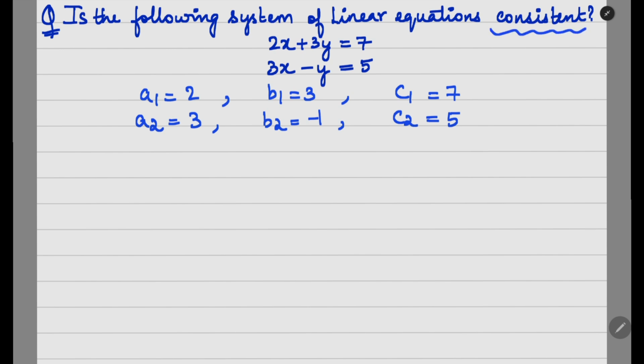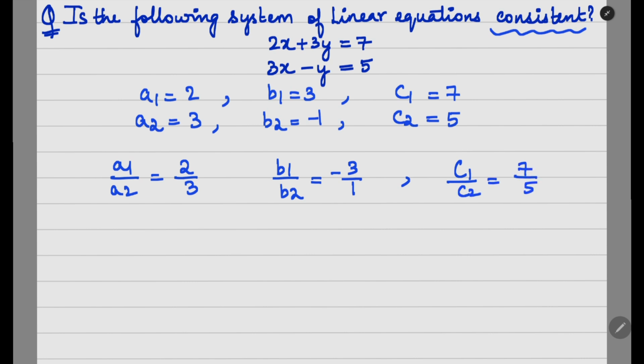Let us take a1 by a2, which is nothing but 2 by 3. What is b1 by b2? It is 3 by minus 1, or minus 3. And c1 by c2 is nothing but 7 by 5. So you see, the very first two ratios, a1 by a2 is not equal to b1 by b2.